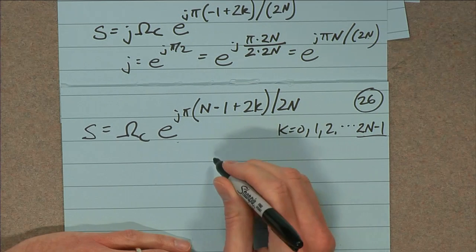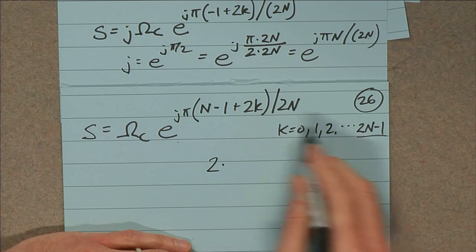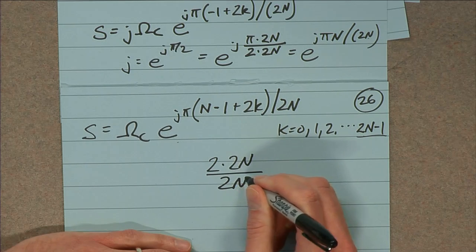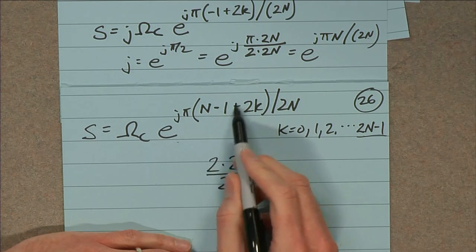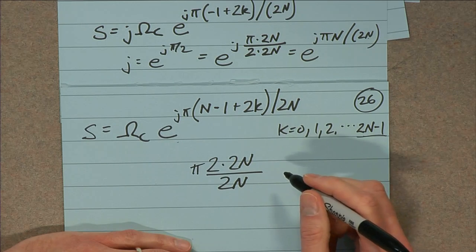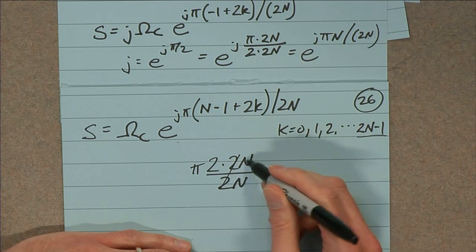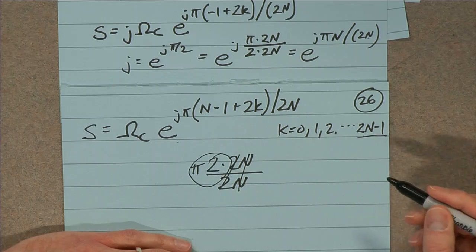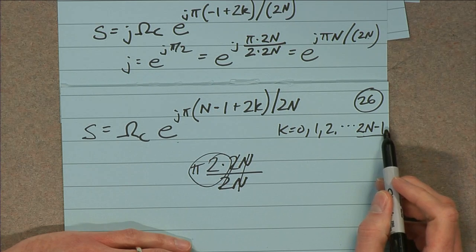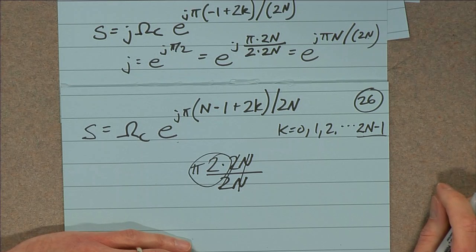This whole back half is what? 2 times k is now 2n all over 2n. And oh wait, there's some junk here, times pi. So 2's cancel, n's cancel, you end up with 2 times pi. So after you get past that, you're wrapping again, and we don't care about wrapping.